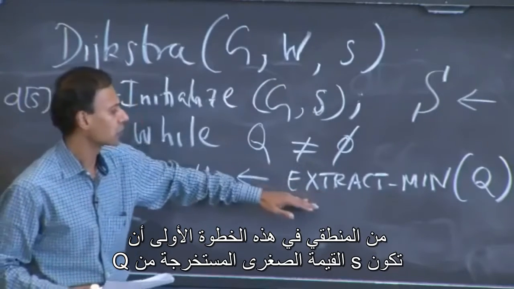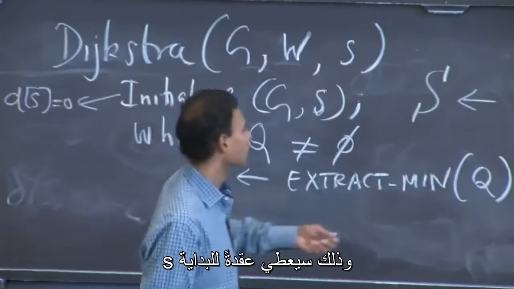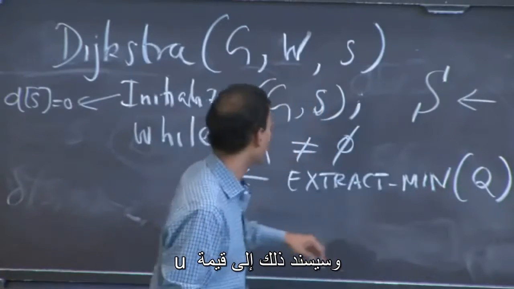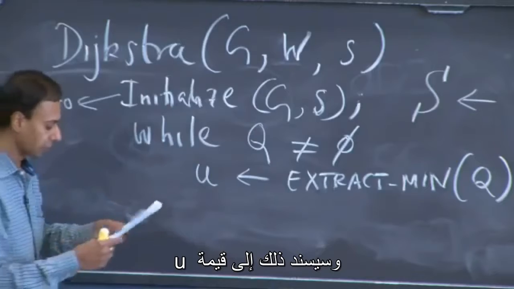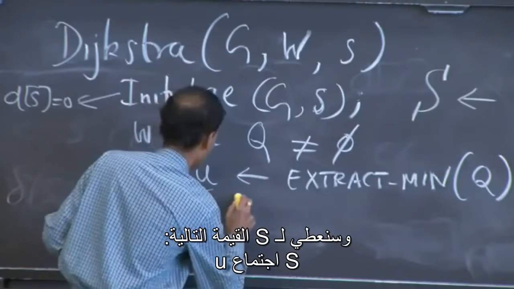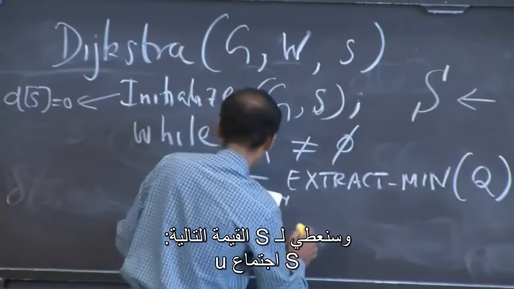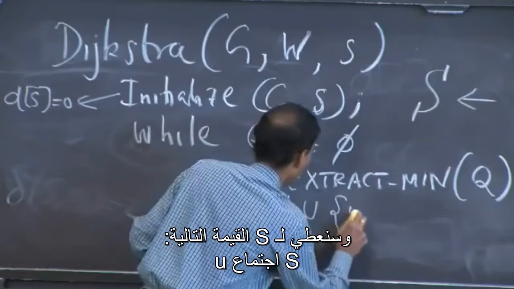So at this very first step, it makes sense that extract min Q is going to pull the starting vertex small s out and assign it to this u value. And we're going to set capital S to be capital S union u.